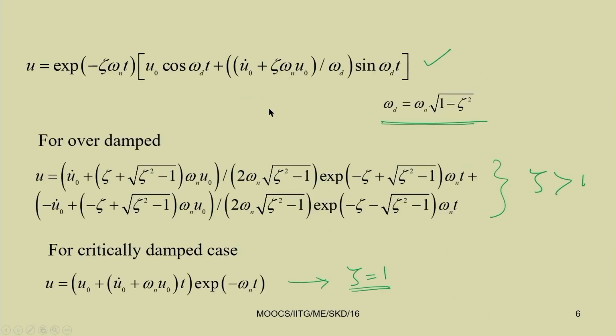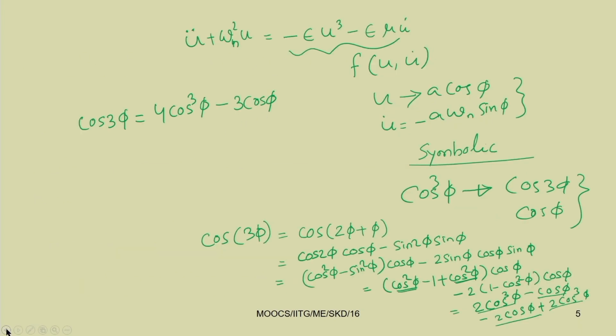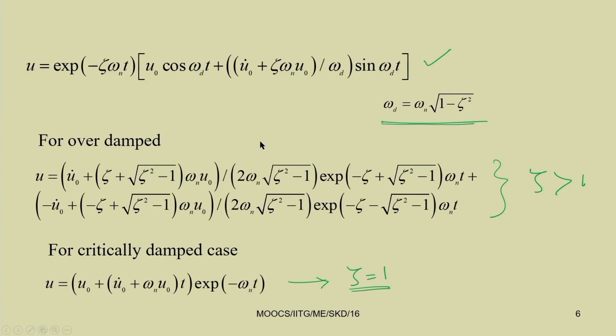So, for the u cube term what we have found, we can replace this u cube, that is cos cube. So, it will be u cube cos q phi. In case of cos q phi, we can write cos q phi will be equal to cos 3 phi plus 3 cos phi, divided by 4.